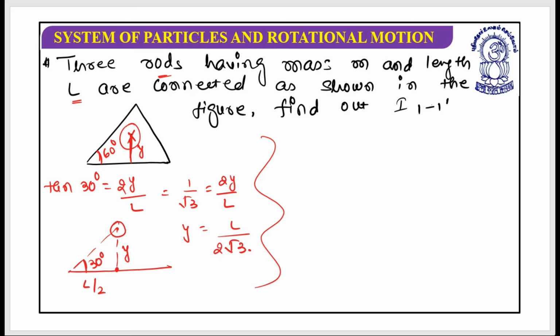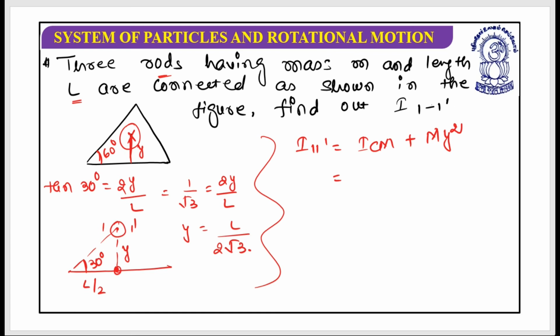Now I require this, I 1 1 dash. I know this is the center of mass, so I can write I 1 1 dash equals I center of mass plus m into y square.